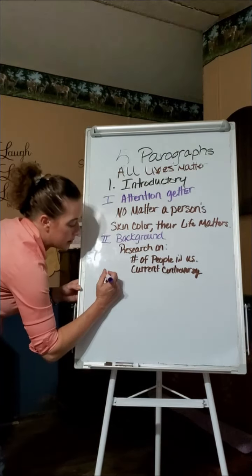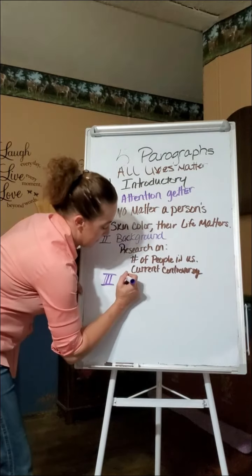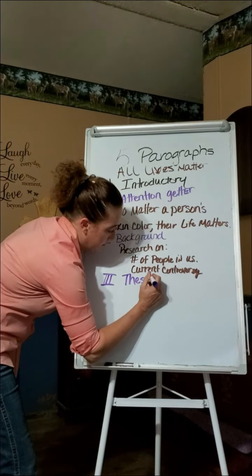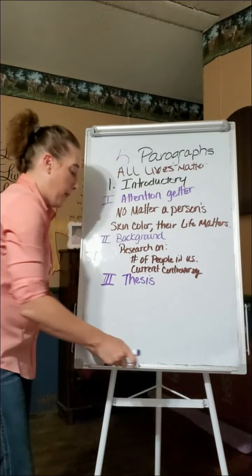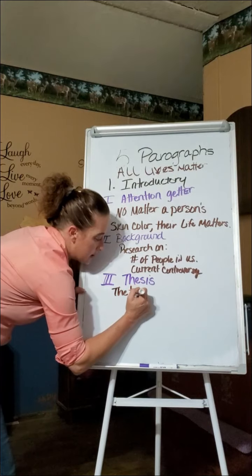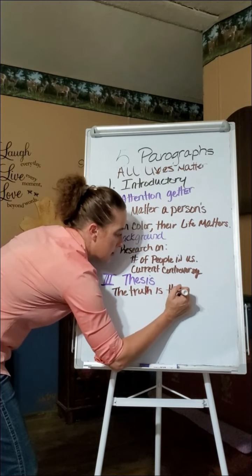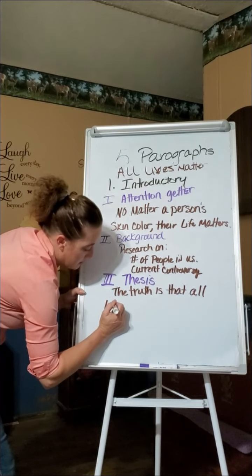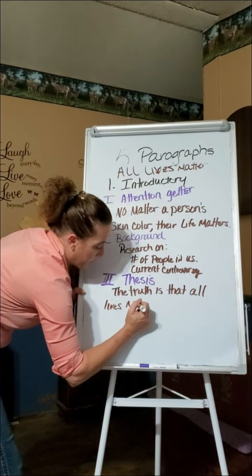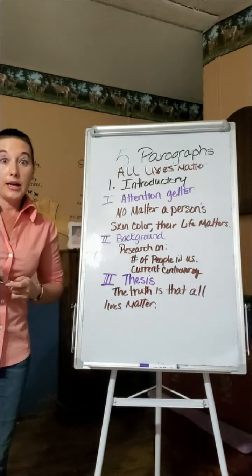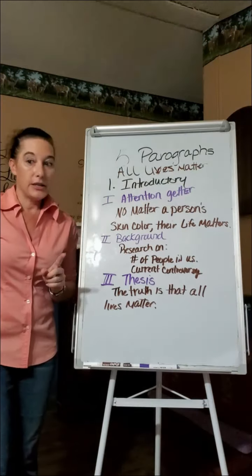Then we would go into thesis. My thesis is, the truth is that all lives matter. And I'm running out of room, so give me a second to erase this.